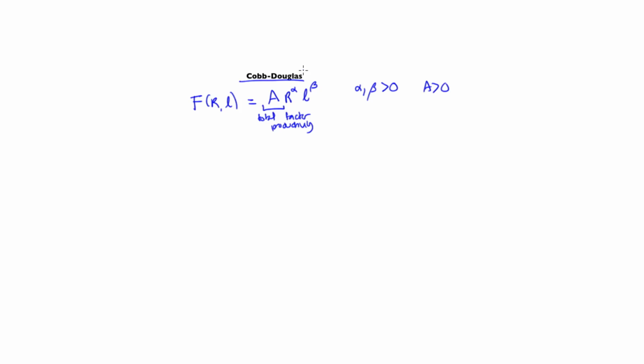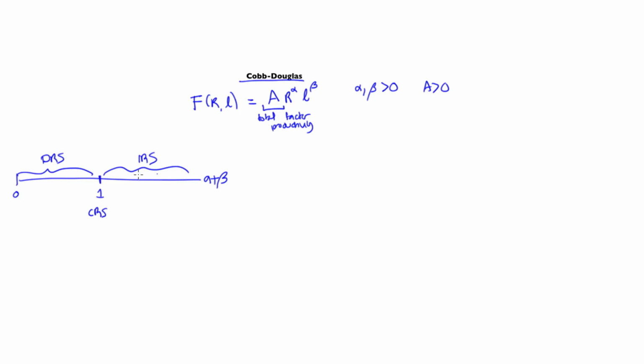Now, I claim that if you look at the values of alpha and beta, and you put 1 here, when alpha plus beta is exactly 1, this Cobb-Douglas function satisfies constant returns to scale. Below it, and above 0 of course because of this constraint, it satisfies decreasing returns to scale, and above it the function satisfies increasing returns to scale.